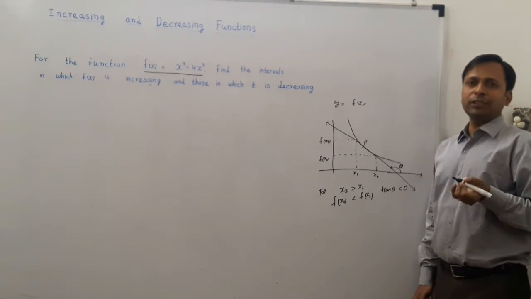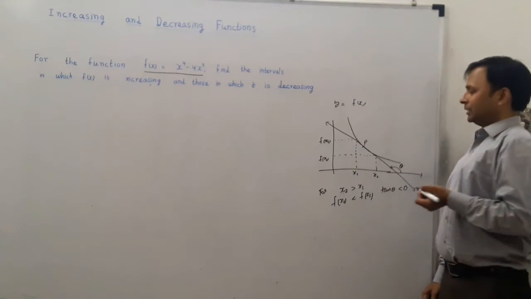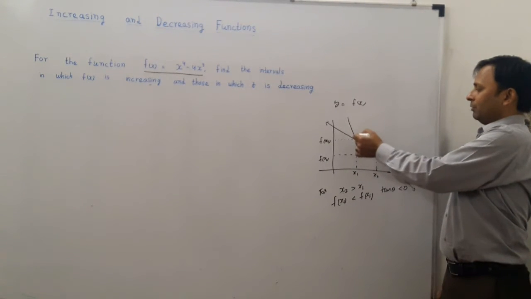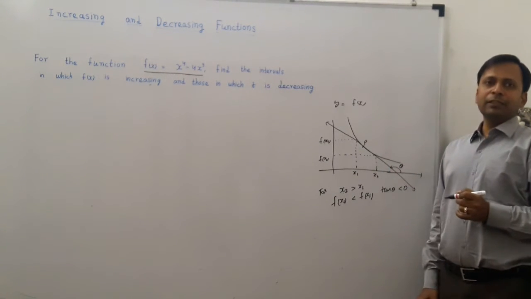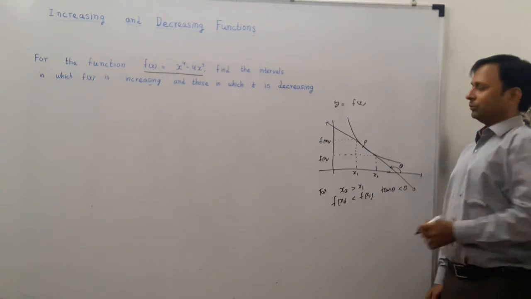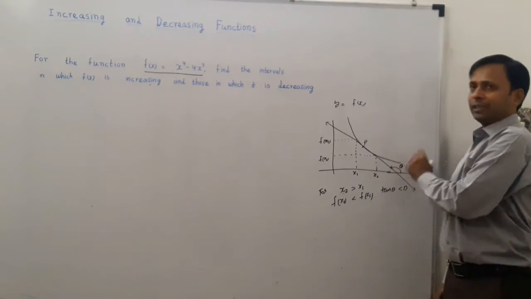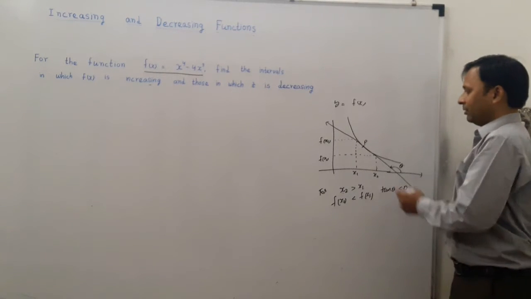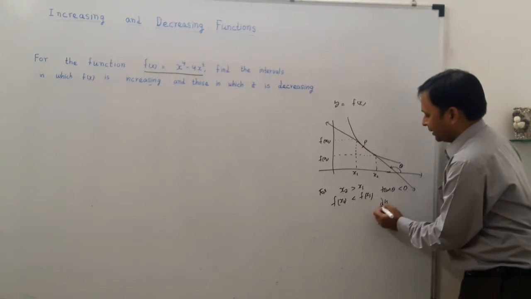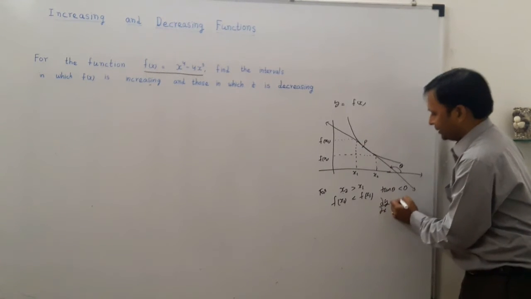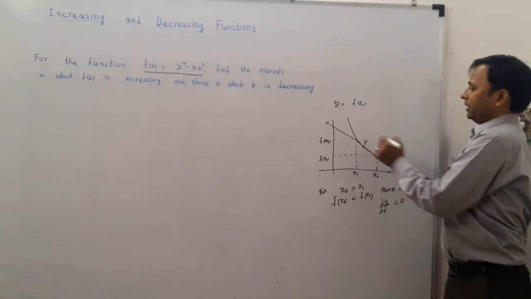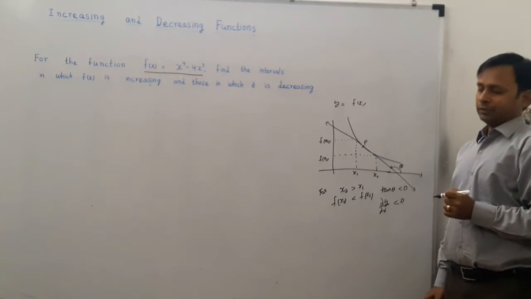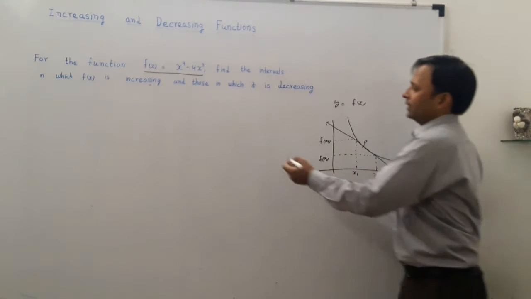And what is differentiation? Differentiation is the tangent of the angle which the curve makes with the x-axis in the anti-clockwise direction. So if tan of that angle is negative, then dy by dx is also negative. So dy by dx is less than 0 at any point on this curve which is downward sloping, or which is a decreasing function.